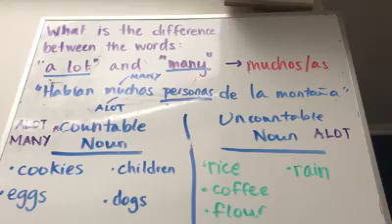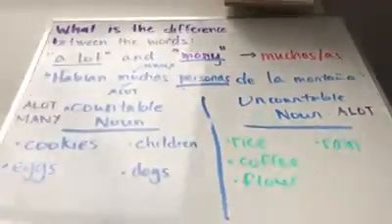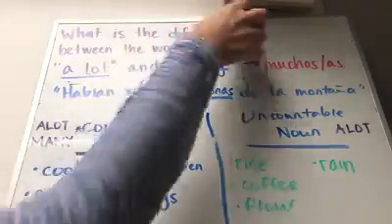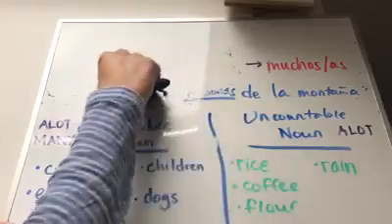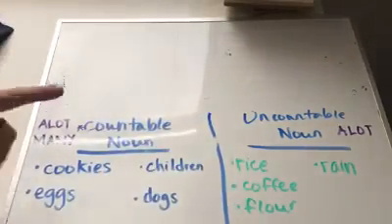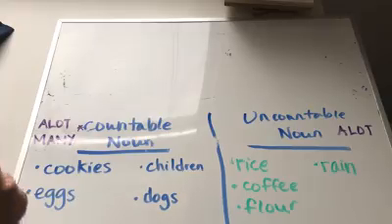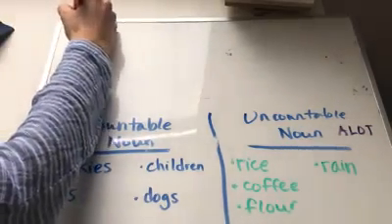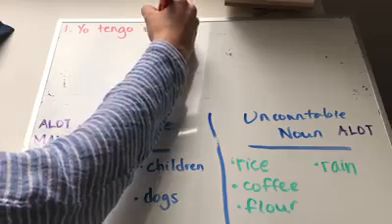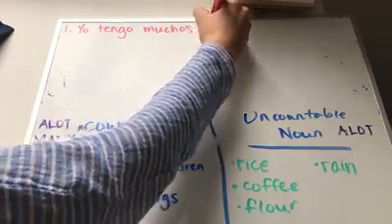So we're going to do a little practice with some sentences. So we will keep the rules, las reglas here. So what if I wanted to say, do a little example. Yo tengo muchos perros.